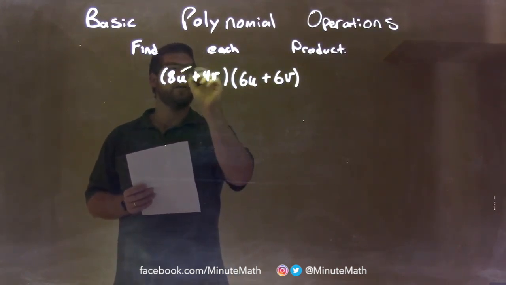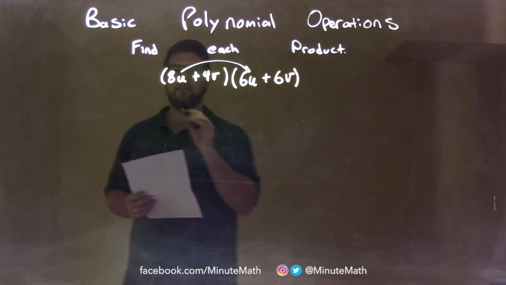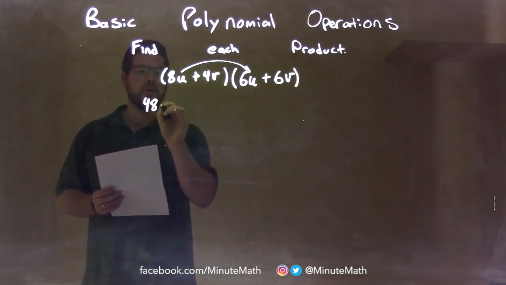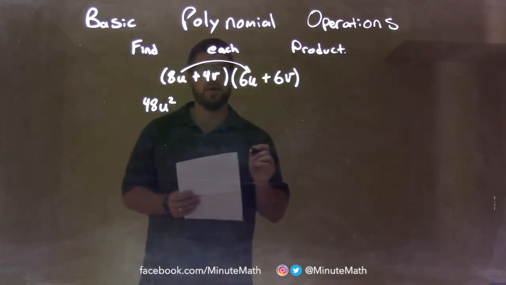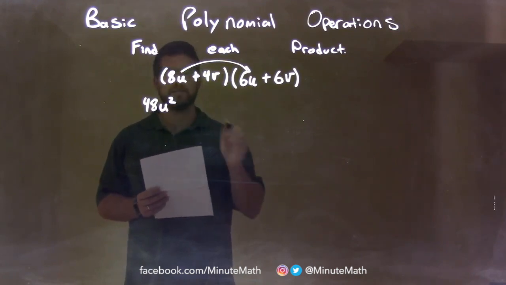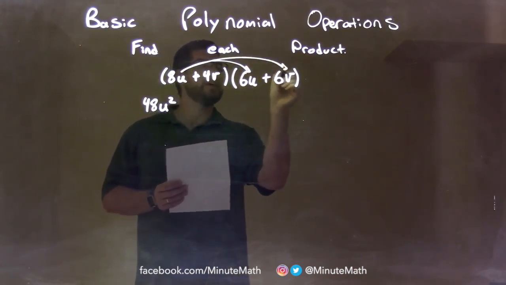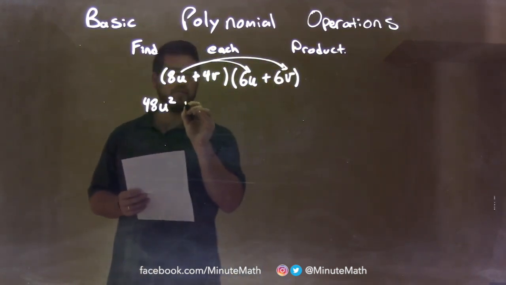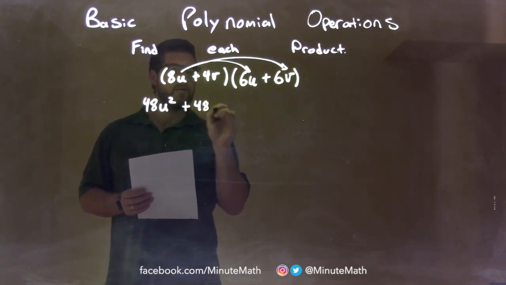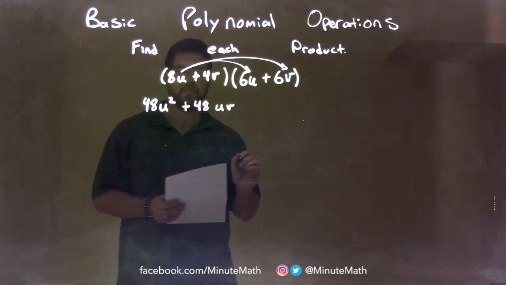So 8u times 6u is a 48u squared. Now be careful, we have u's and v's here. 8u times a 6v, again, is 48, but it's uv, u times v.